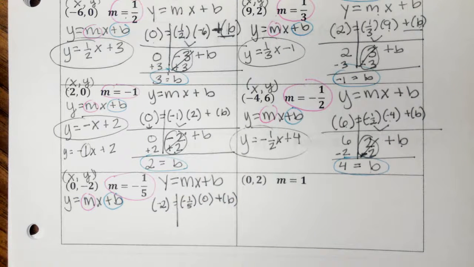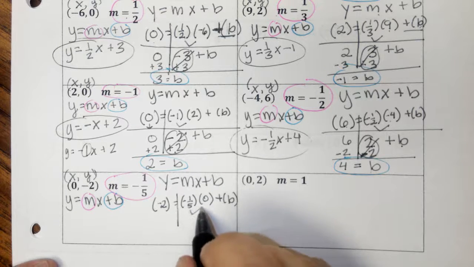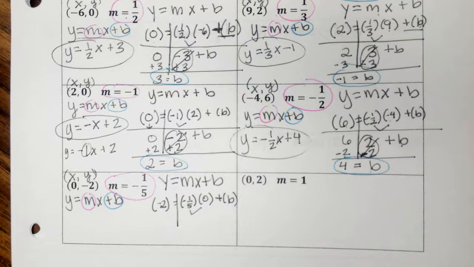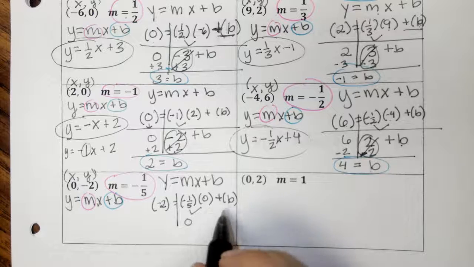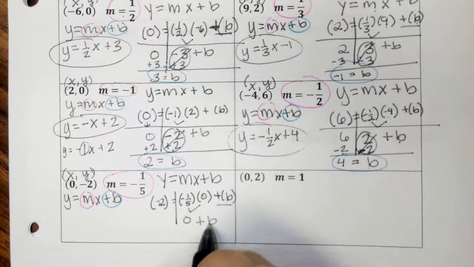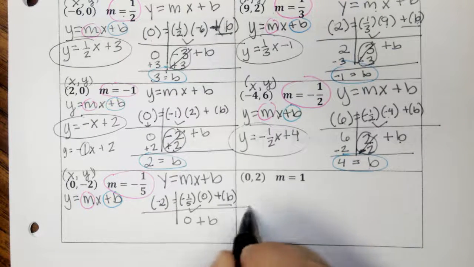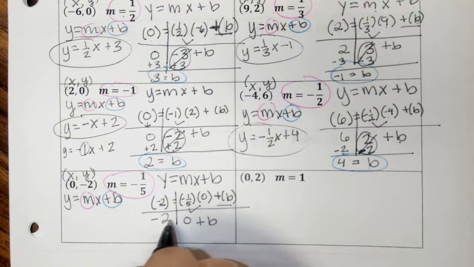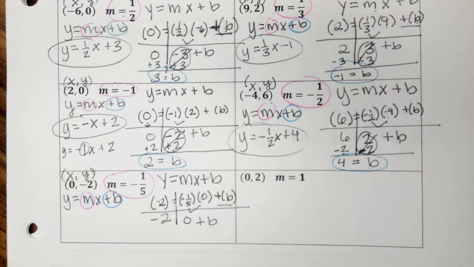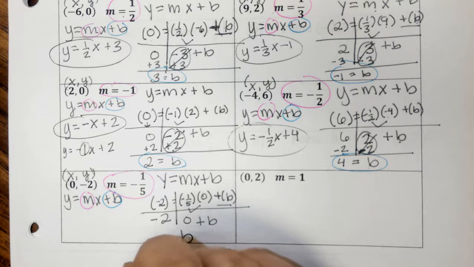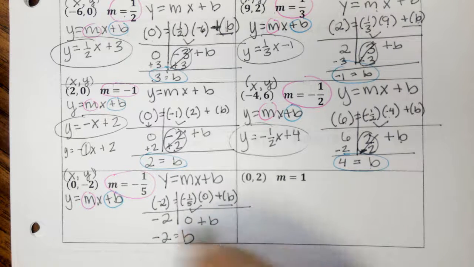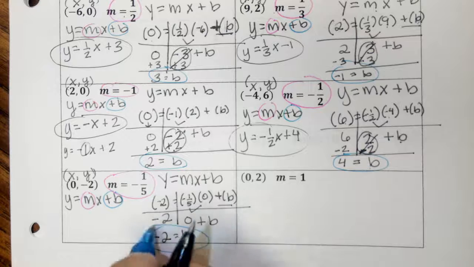On the left side, -2 doesn't combine with anything because it's the only term there. On the right side, we can do the multiplication, -1/5 times 0, which is 0. And we still have plus b. Drop down the -2 from the other side. Well, 0 plus b is just b. So you know that b is -2.